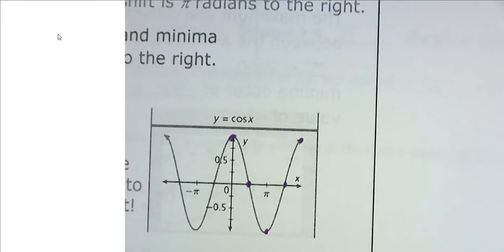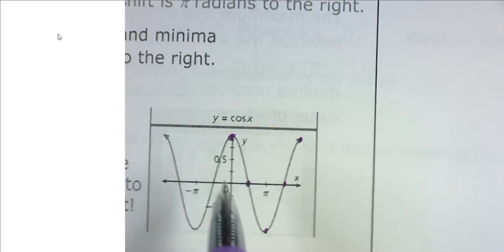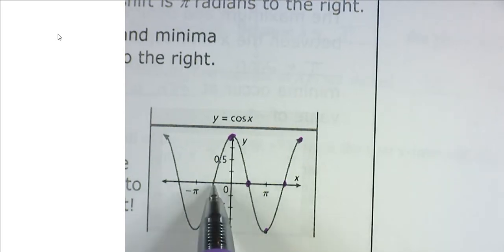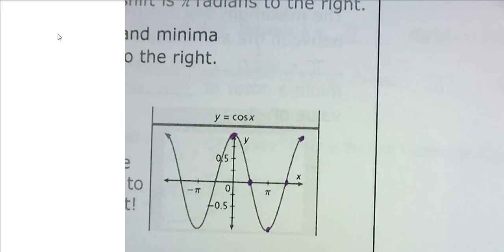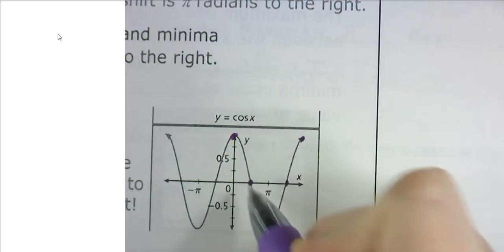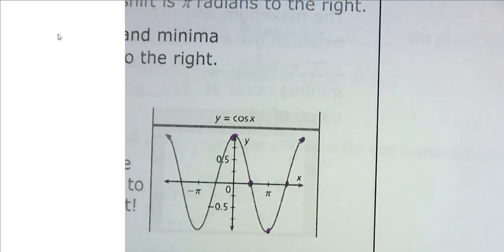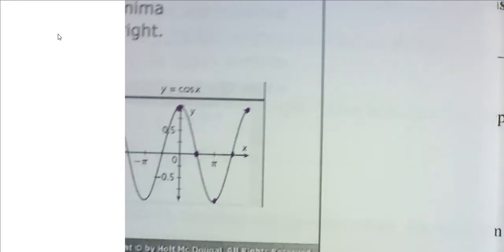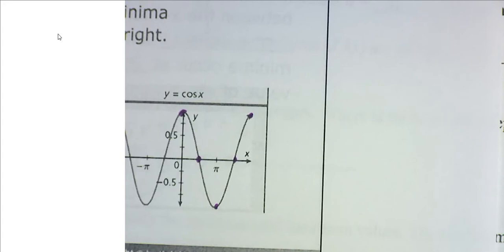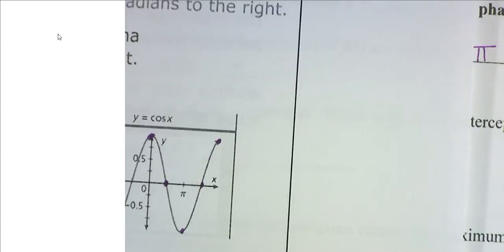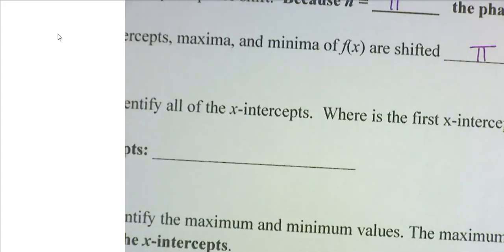But we're going to see that all of these are actually moving over pi units, and because these occur pi units apart, all of them are going to be plus pi n. I think it'll be easier for you guys to go and graph that.